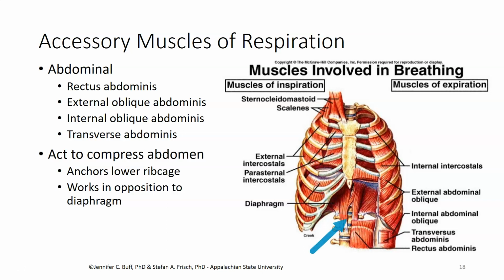The internal oblique abdominis, which courses diagonally from the pelvis up into the central tendon, and the transverse abdominis, which runs in the transverse plane from left to right from the edges of the rib cage, and also a tendon that runs between the pelvis and the lower rib cage, again to the tendon that's at the center of the abdomen.